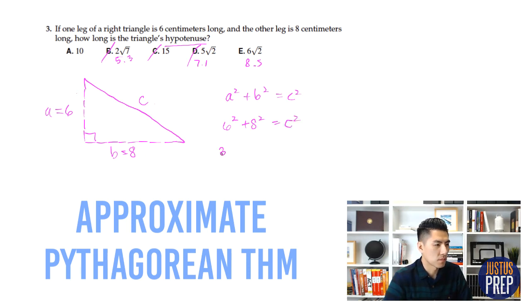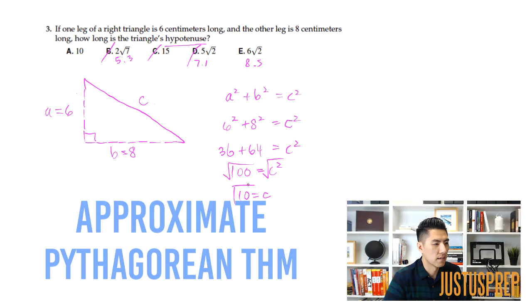This is 36 plus 64, equals c squared. That is 100. So what we would do is square root both sides, and we would get c equals 10. So the answer is A.